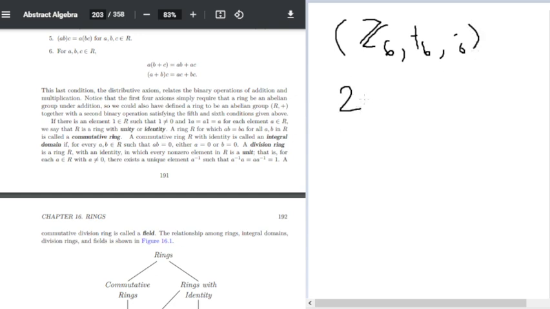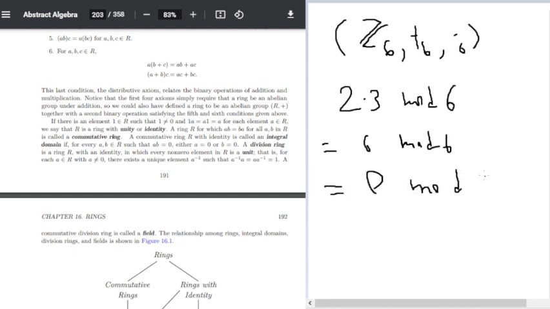But consider 2 times 3 mod 6 is equal to 6 mod 6, which is equal to 0 mod 6. We have 2 non-zero elements which multiply together to give us 0. Which means that Z6, and we'll see as a slight preview, Z sub n for n not prime will always give us not an integral domain.